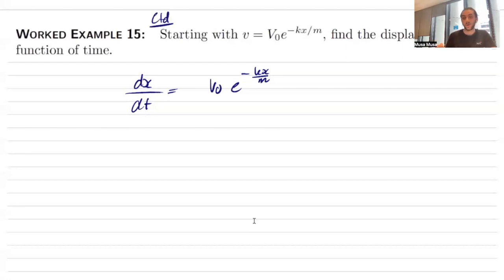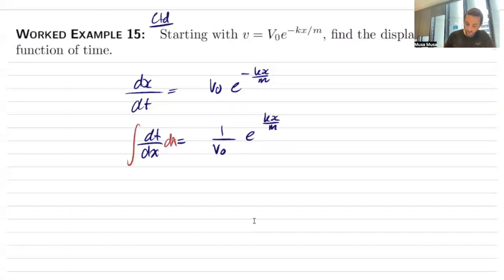Obviously, we can't integrate both sides with respect to t because we have x's on the right-hand side. So I'm going to take the reciprocal. Taking the reciprocal, quite easy. So it's going to be 1 over v naught, but instead of it being e to the power of a negative, it's going to just be e to the power of the positive version of this.